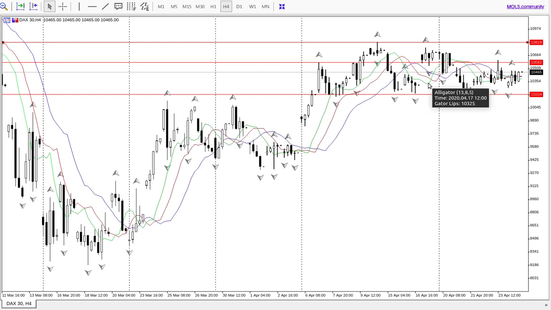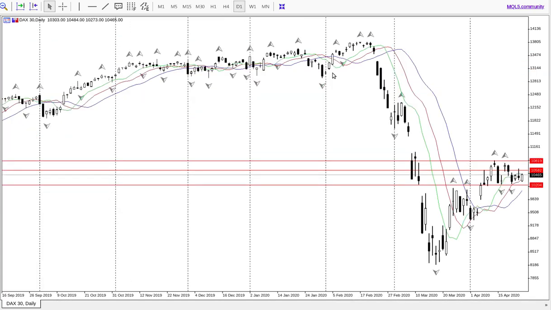I'm a bit reluctant to be long, just based on the picture that I see on the daily. This here is two lower highs in a row. So I'm a bit reluctant to be long. I'm rather favoring the shorts, but I want to see a break below 10,200 before I commit to that.